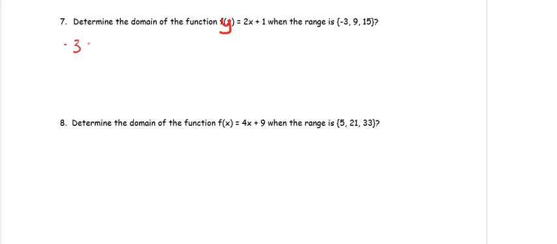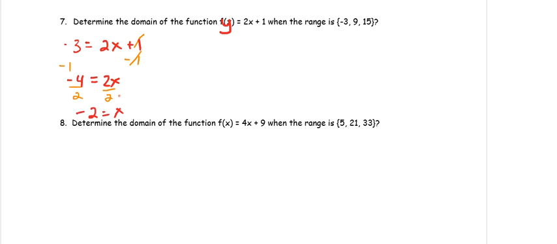So negative 3 is equal to 2x plus 1. And you're just going to have to solve this time, so I'm not going to rewrite it horizontally. And that gives you negative 4 equals 2x. Divide by 2. And negative 4 divided by 2 is negative 2 equals x.